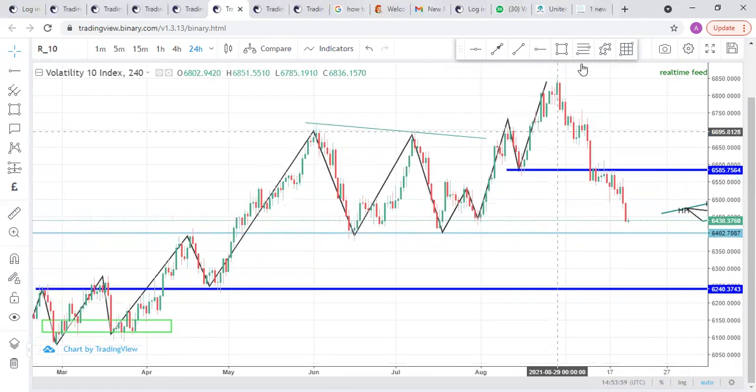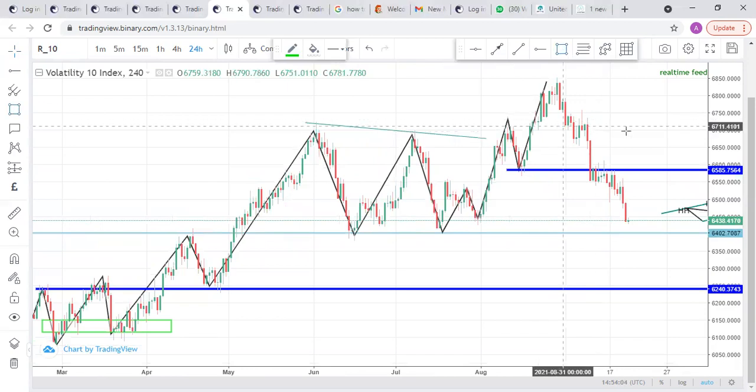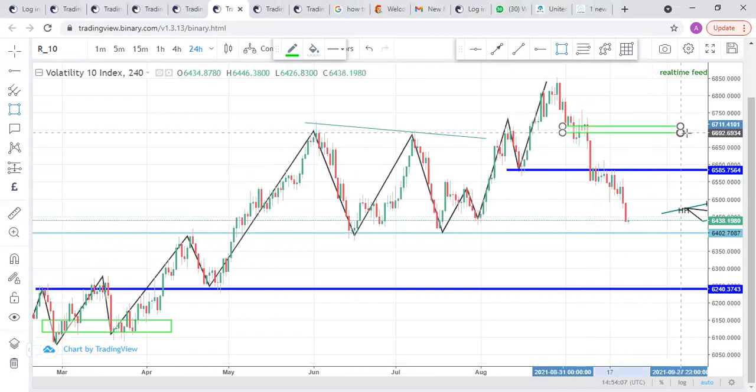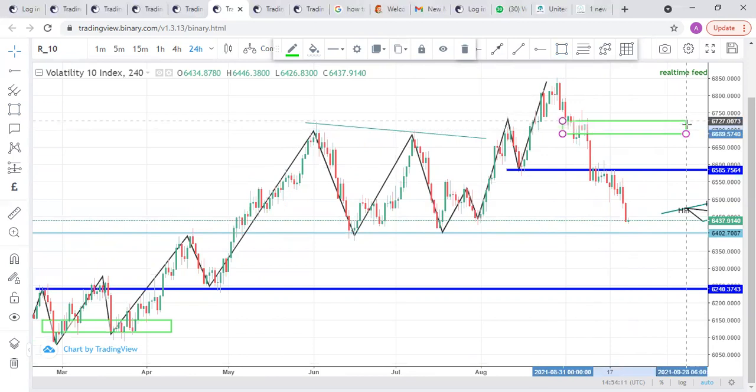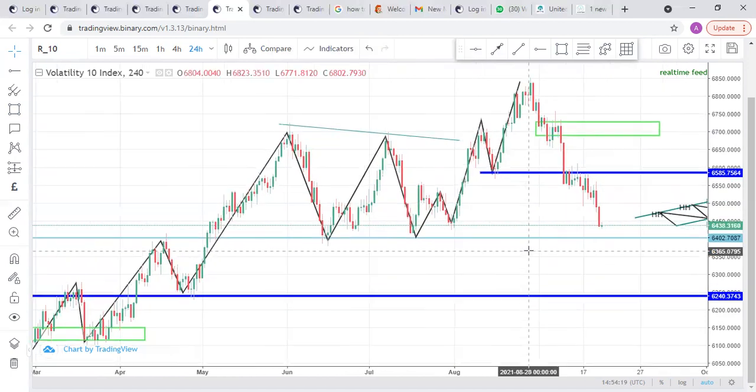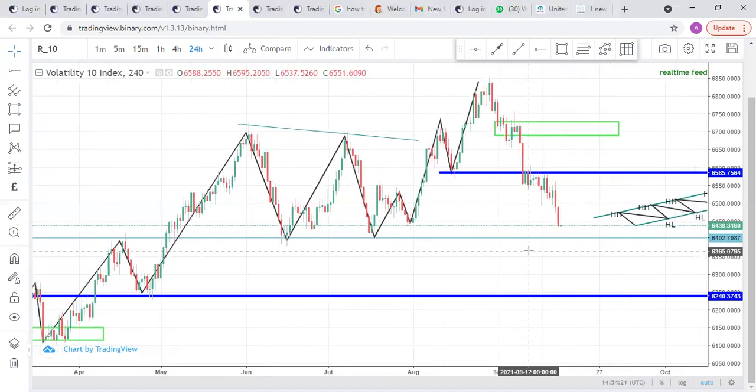Okay. This is an institutional candle zone. That's an institutional candle zone.